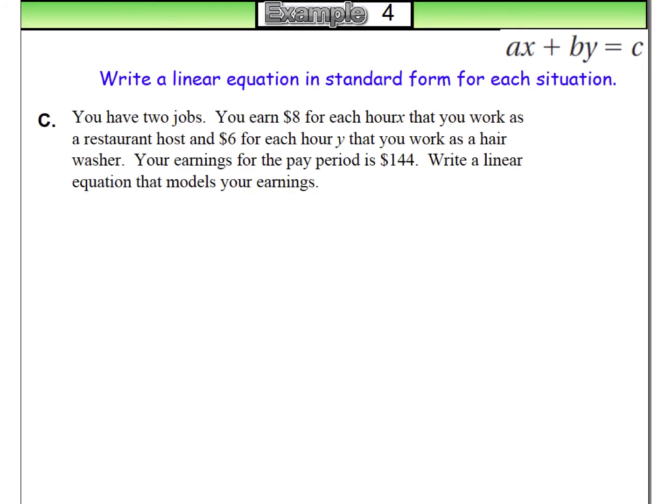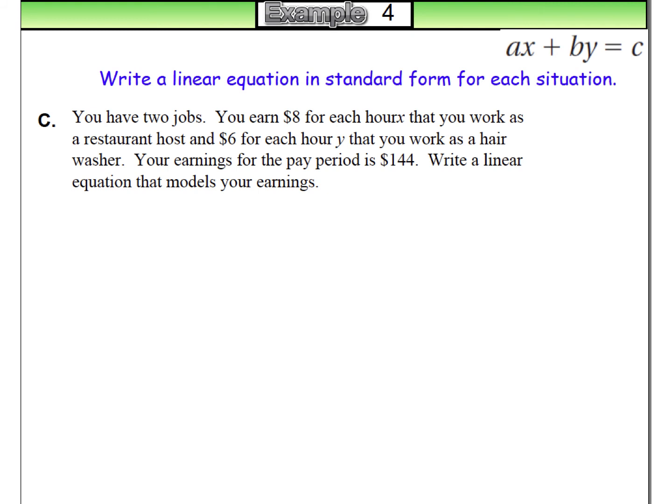Try one on your own. Go ahead, pause the video, figure out the equation, and then see how you did. You have 2 jobs. You earn $8 for each hour X that you work as a restaurant host and $6 for each hour Y that you work as a hair washer. Your earnings for the pay period is $144.